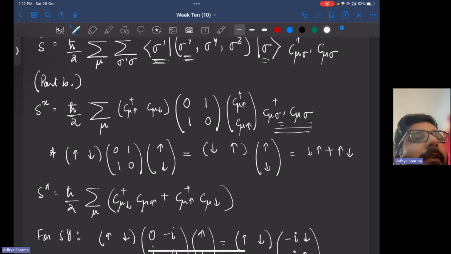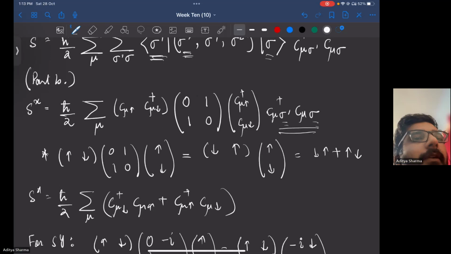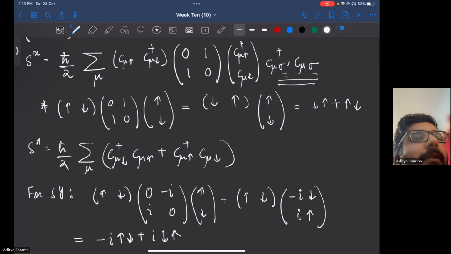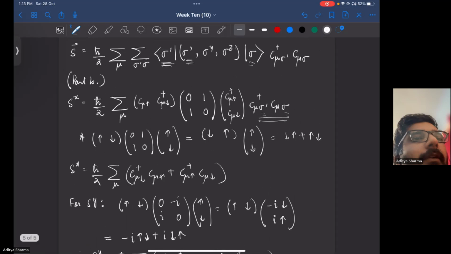When I take a dagger, it should be down. When I take the dagger, it is going to come here. Okay, so I'm going to get C mu, up down, down up down.